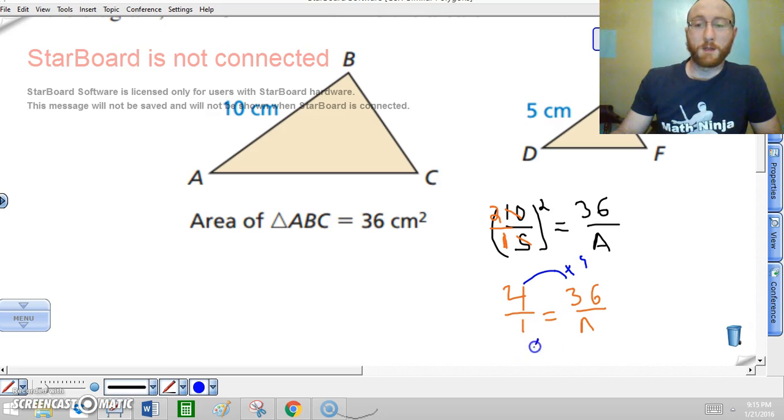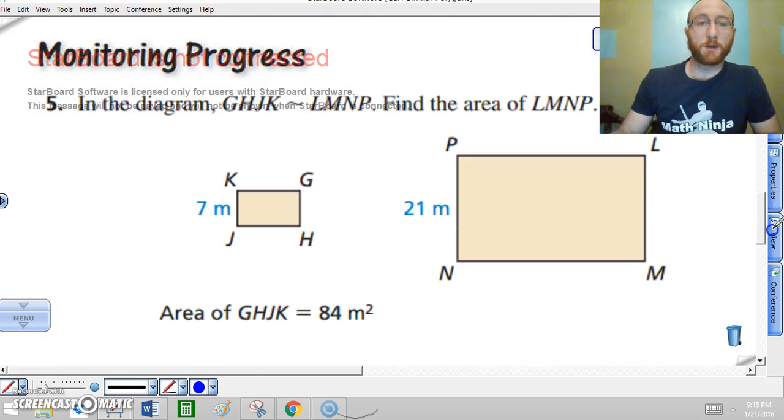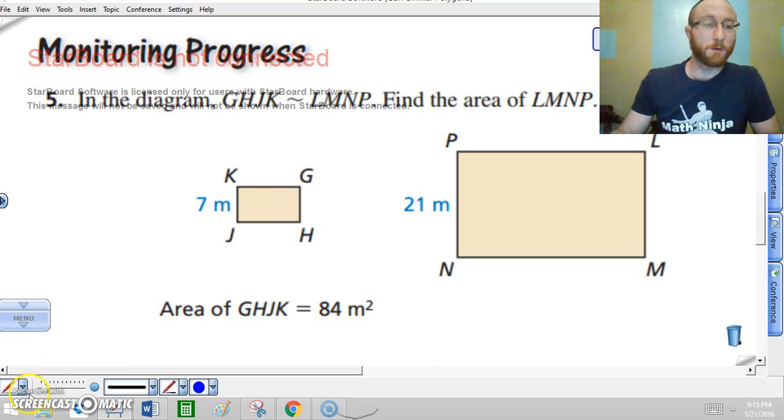So that means 1 times 9 will get me A. So A equals 9 centimeters squared. Just like that. Not so bad. Alright, why don't you guys try this one, and we'll be back to talk in a moment.